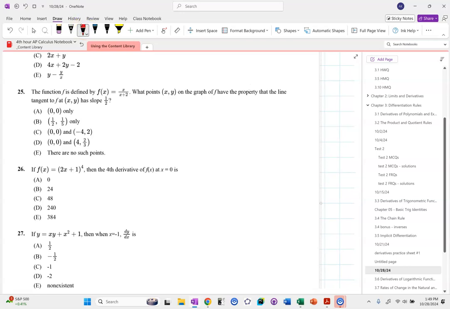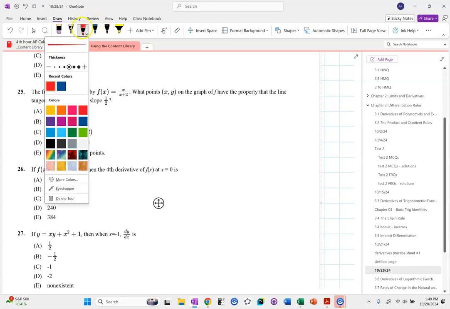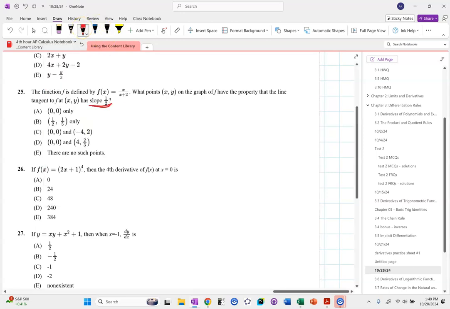Okay. It says the function f is defined by f of x equals x over x plus 2. What points on the graph of f have the property that the line tangent to f at (x, y) has slope 1/2? So when I see slope 1/2, I'm thinking we're going to be solving the derivative equal to 1/2.